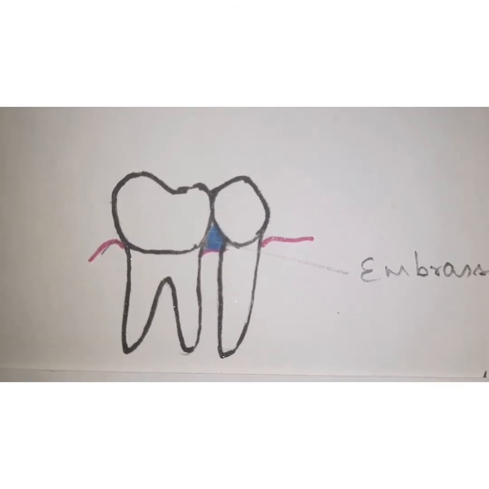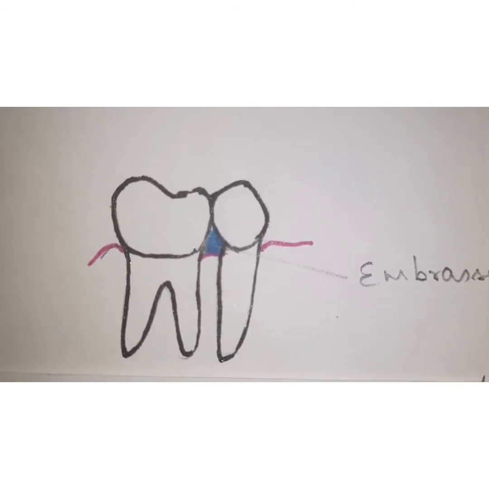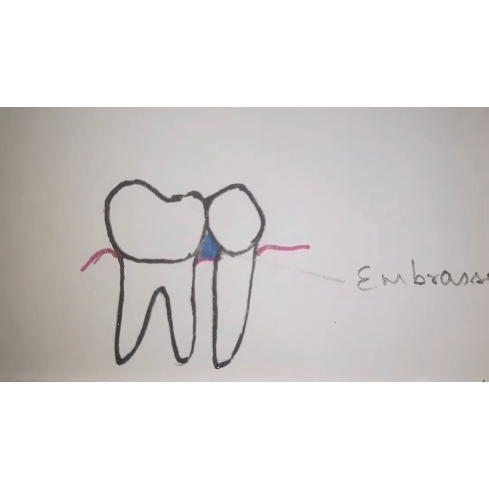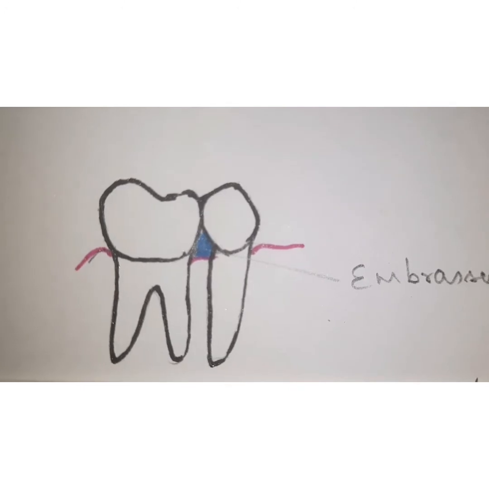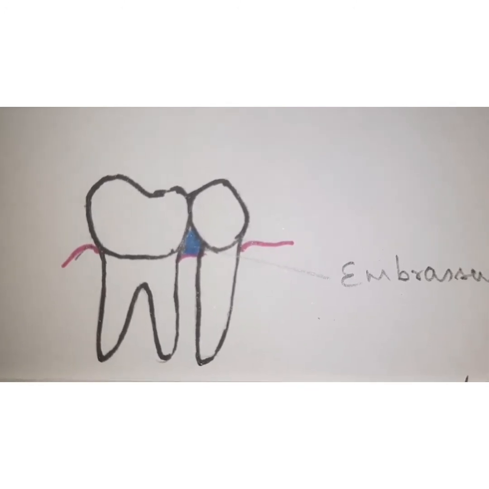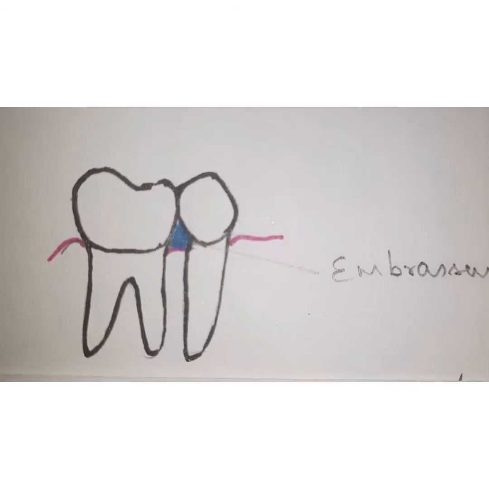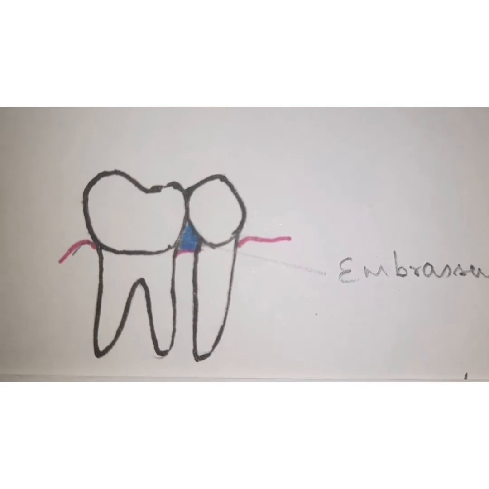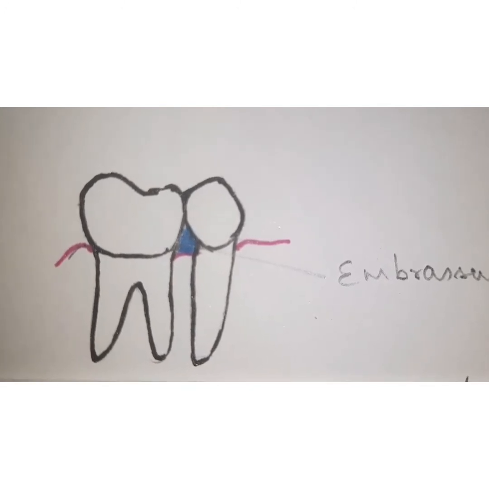And these embrasure spaces deflect the food at the time of mastication, and they protect the gingiva from food impaction. So we need to make sure that we don't encroach on these embrasure spaces, and whenever you are giving a restoration, it should not violate this space.